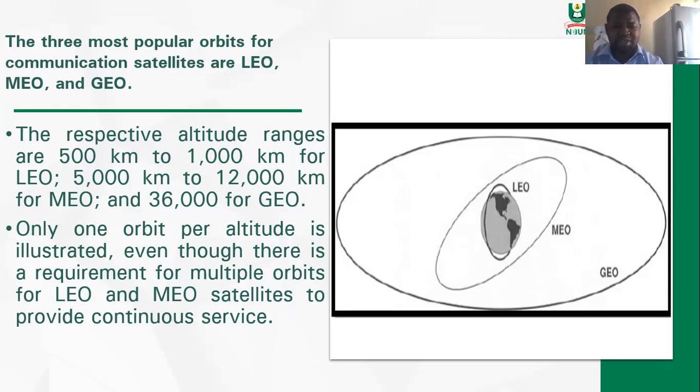I can ask you to differentiate between the LEO, MEO, and GEO orbits for communication satellites, and in terms of their altitude ranges, you should be able to do that. Then only one orbit per altitude is illustrated, even though there is a requirement for multiple orbits for LEO and MEO satellites to provide continuous satellite service.